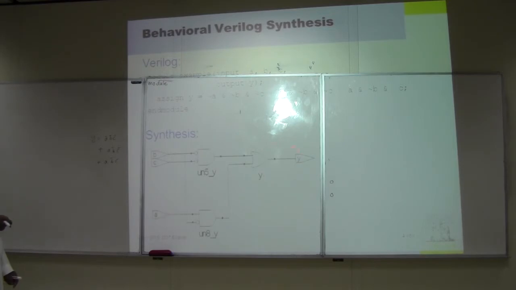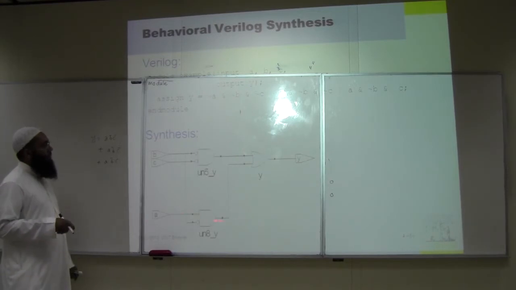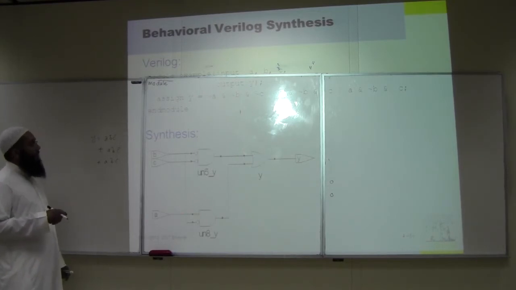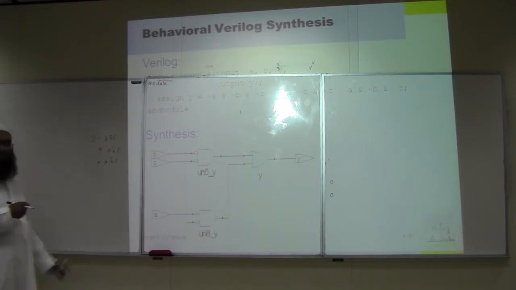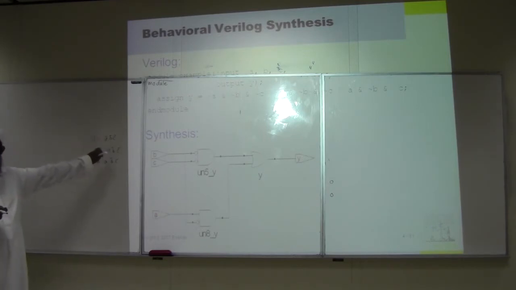So this is a diagram, the schematic or the circuit for this module generated by the program. You can see here this one is not exactly the same as this, because the software minimized the equation, minimized it like what you do using K-map, and then it draws the circuit.